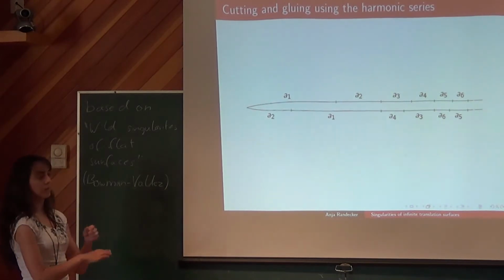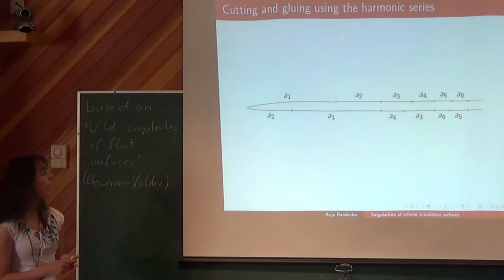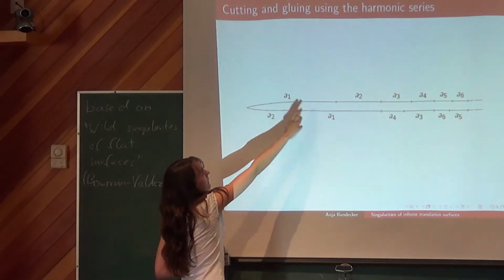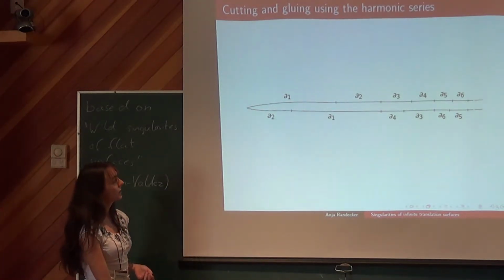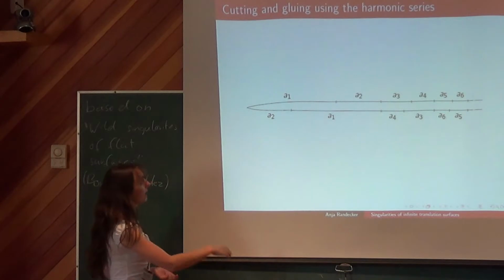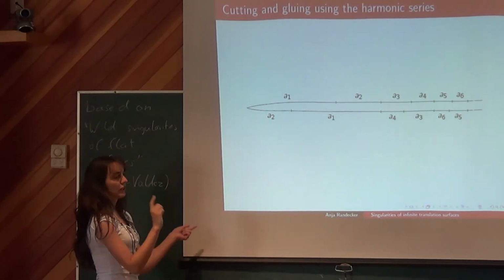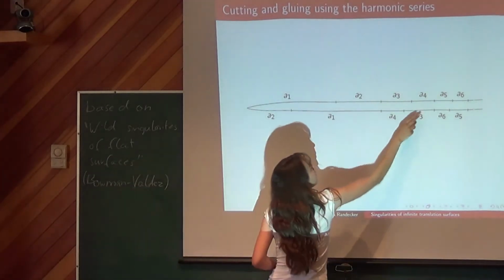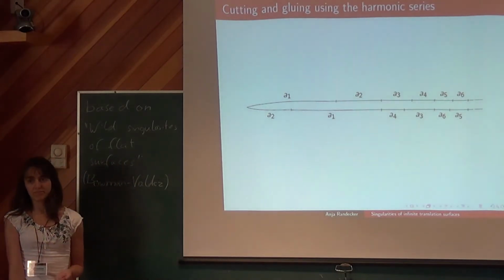And then we take the plane, choose a direction, and then cut in this direction. And then we take a segment of the length of the first element of the sequence, of the second, and so on. And on the upper side, and then on the lower side, we just swap a bit. So we take here the first, the second, the third, and the fourth. And then we identify them.